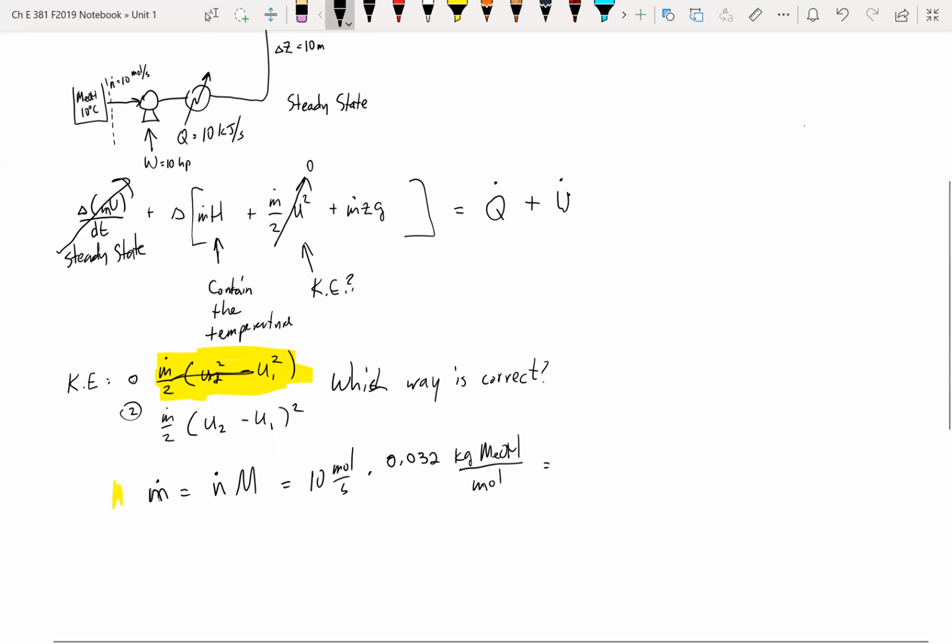And so that is going to give us 0.32 kilograms per second.